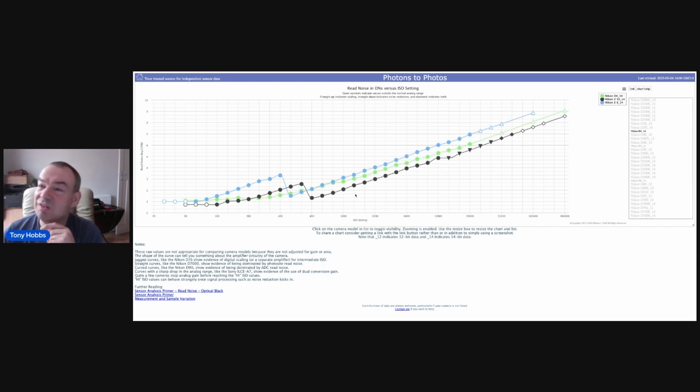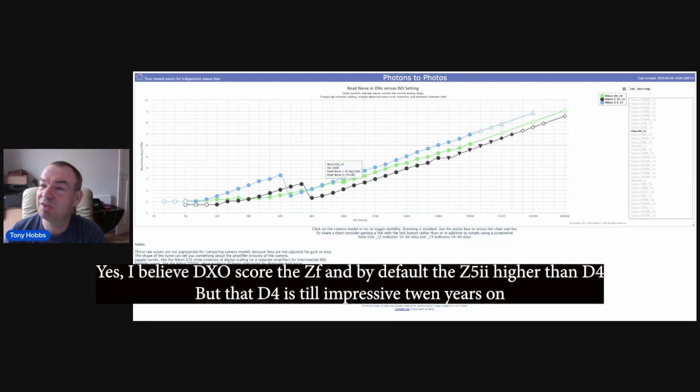So the Z5 2 is the black line, and that generally has lower noise than the D4. It'd be interesting if DxO do a rating for the Z5 2 in time, if they haven't already. But that Z5 2 is showing really quite good noise control. I quite like the idea of that.